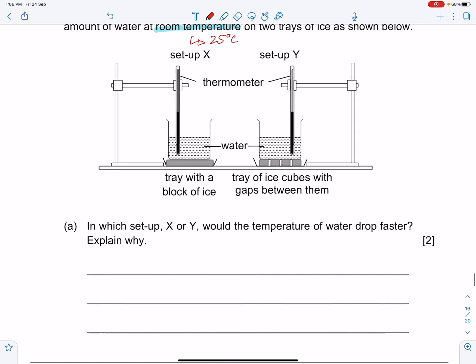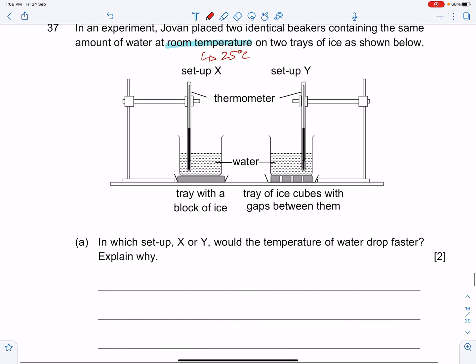Now, then they go on to ask, in which setup, X or Y, would the temperature of water drop faster? Explain why. So basically, when you see temperature, you know this is a topic on temperature and heat, correct? Drop faster in this case indicates some form of heat transfer.